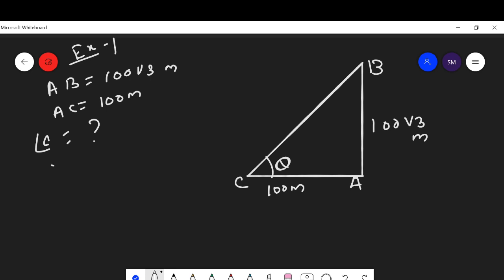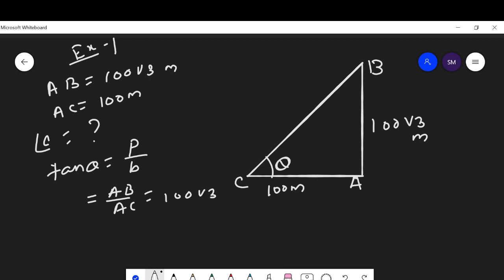Let this be theta. Then applying the tangent, as you know tan theta is equal to perpendicular upon base, P by B. Here tan theta is equal to AB upon AC, which is 100 root 3 upon 100. 100 cancels.